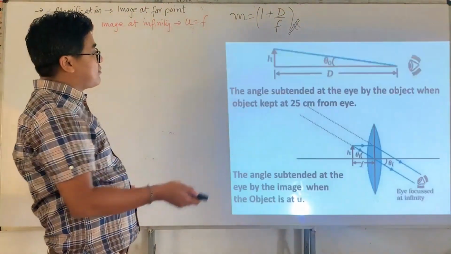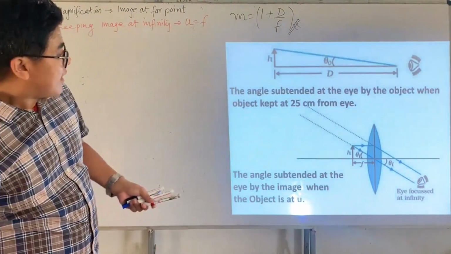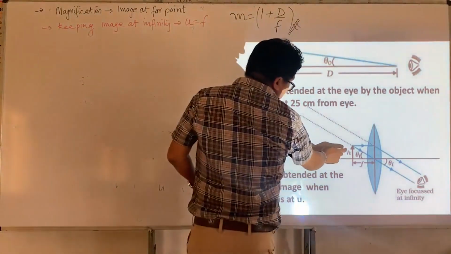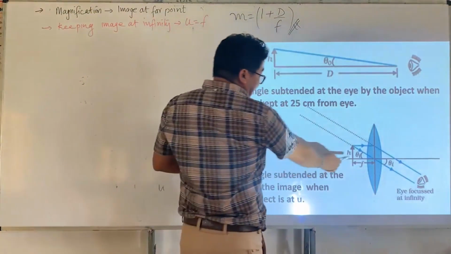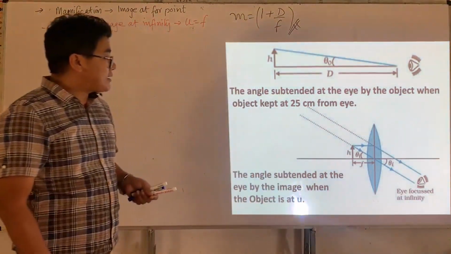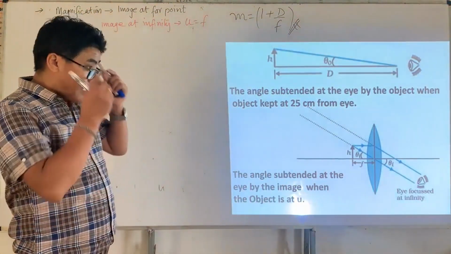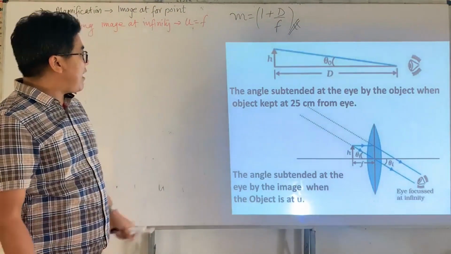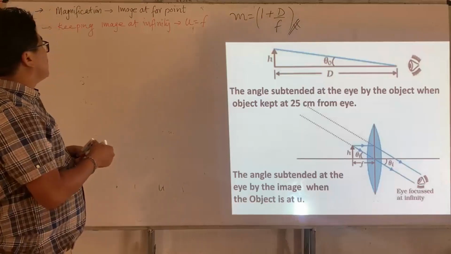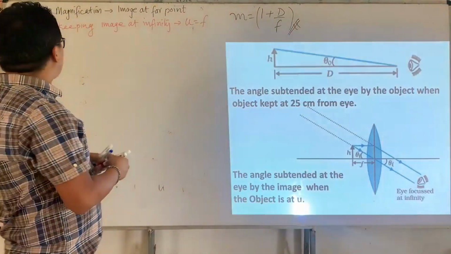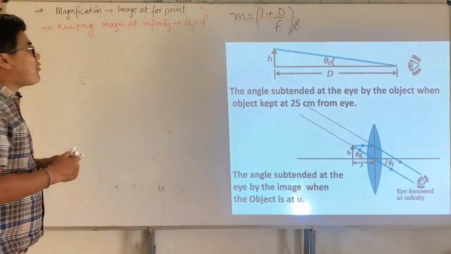I'll show you a ray diagram. This is the ray diagram. I'm going to put the object at the focal point, and then the image would be at infinity, and we are going to find out the magnification. So now for this we are going to use what we call angular magnification.